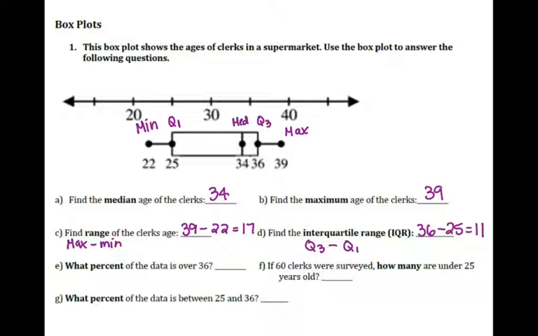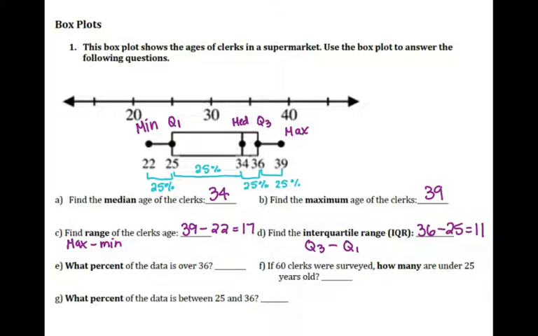What percent of the data is over 36? If we look at our box plot, it is separated into sections. Each section is 25%. So from here to here, that's 25% of your data, another 25%, another 25%, and another 25%. It does not matter how big each section is.